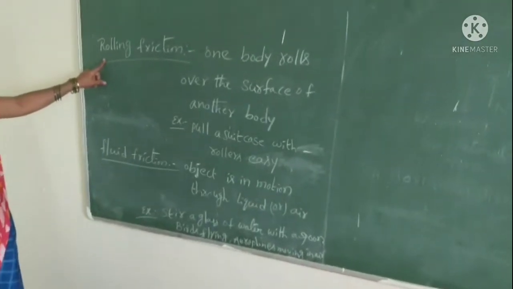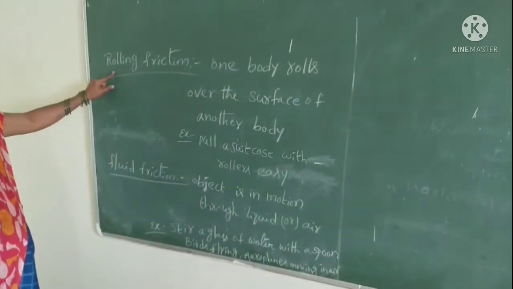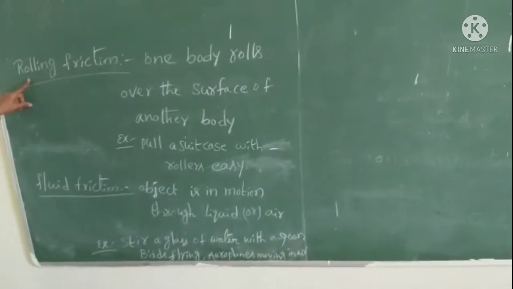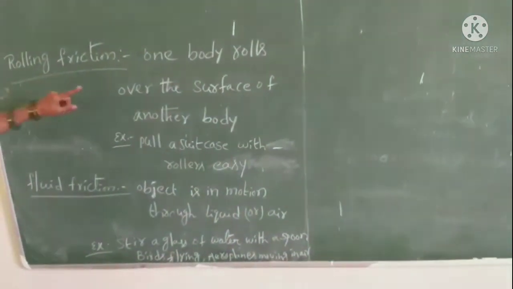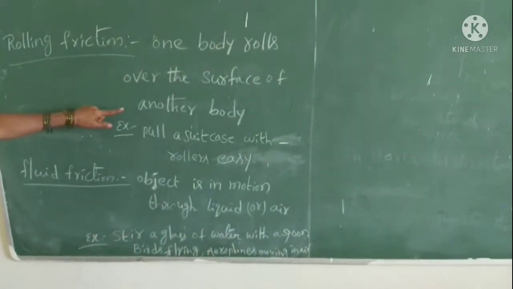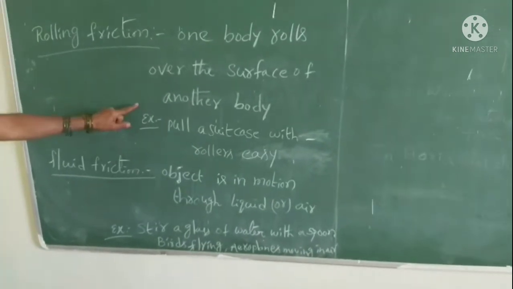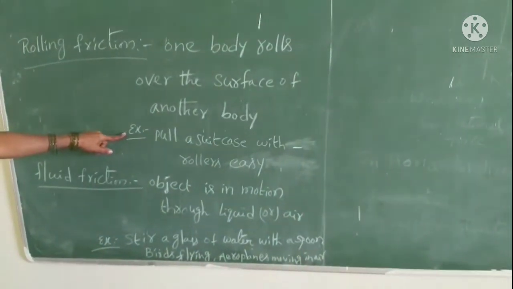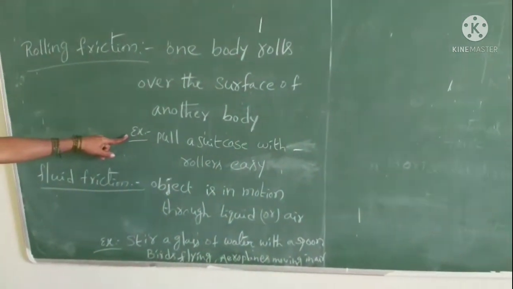Rolling friction. The third friction is rolling friction. One body rolls over the surface of another body. For example, you pull a suitcase with rollers easily.